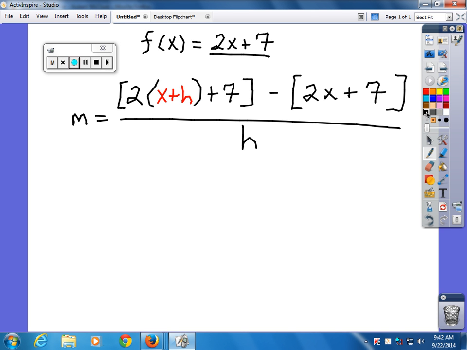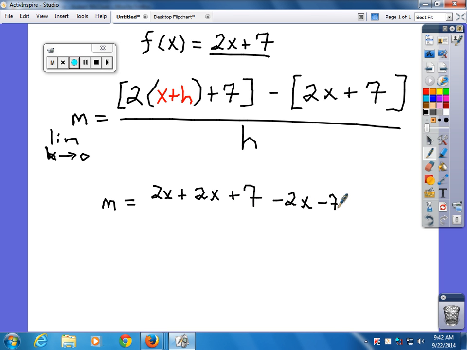So now, m, and actually, when you get to calculus, you're going to see limit as h approaches 0. I'll show you. m equals 2x plus 2h plus 7 minus 2x minus 7 over h.